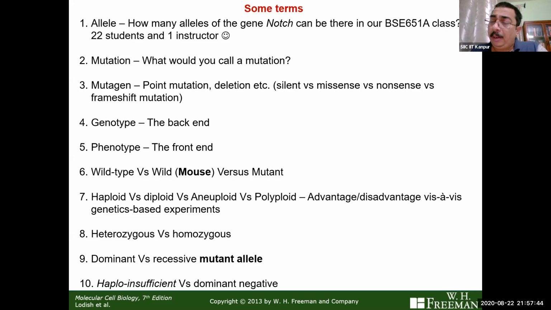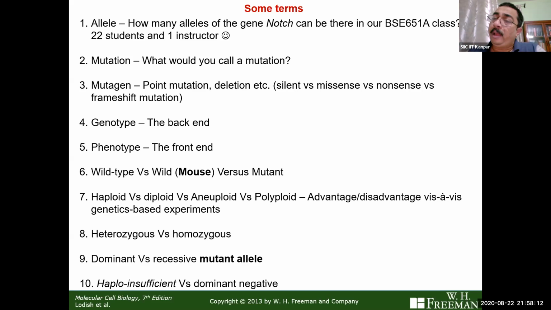So this is different than misexpression of a gene. Say, the gene for glucose metabolism, hexokinase. You will certainly have one copy of that. If I introduce in a mouse an additional copy of hexokinase, that will not be called a polyploid mouse.